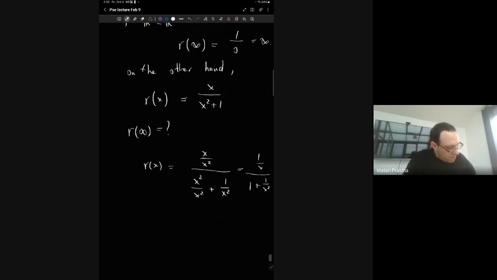And when x tends to infinity, the numerator tends to 0, and the denominator tends to 1. So I get R at infinity is equal to 0 divided by 1 plus 0, which is 0.